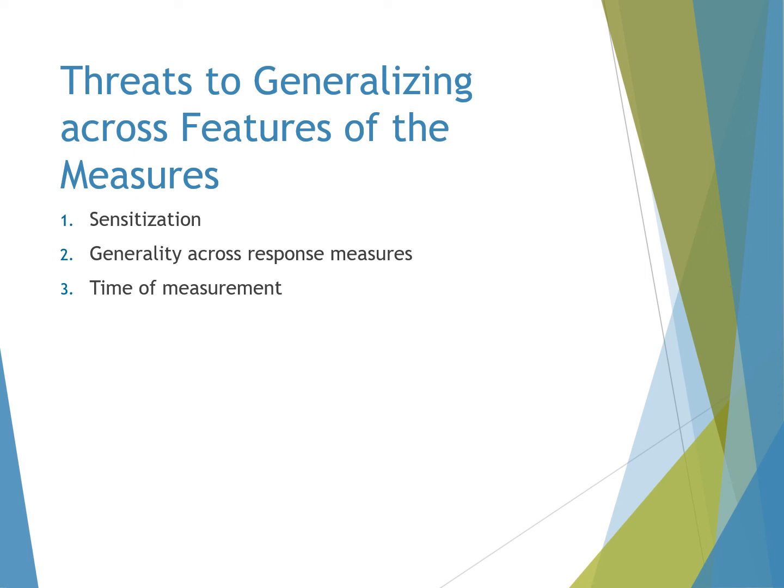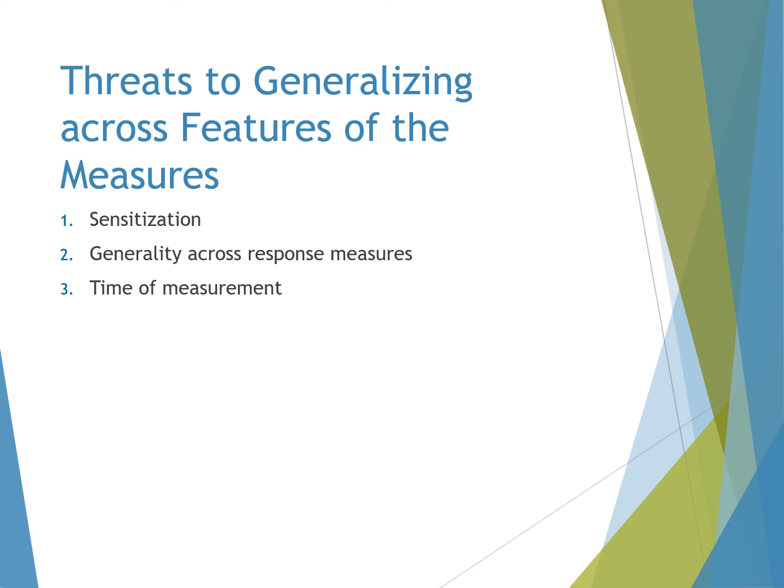Issues of generality across response measures. There are lots of different ways to measure the same variable, and so you could have some effects that just have to do with the specific measure used. And then the time of measurement. In a study, we pick when we measure individuals and only measure them at one point in time, so the effects that we're assessing could be longer or shorter lived than what we actually measure.